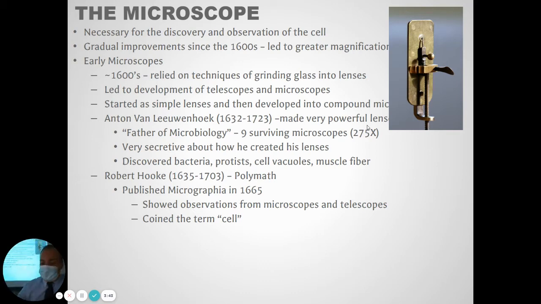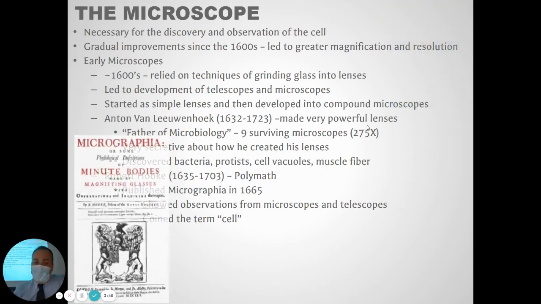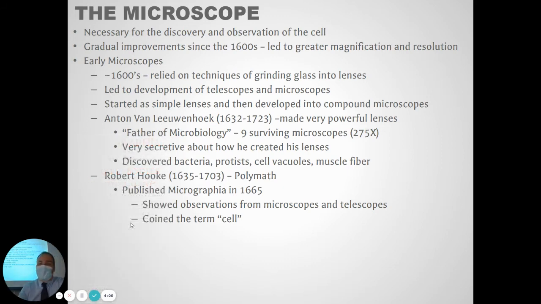Once these microscopes started to be developed, people started looking at all sorts of different things. Here is one of the famous ones, by Robert Hooke, another early scientist that looked at things through the microscope. He wrote this book and drew detailed drawings of things he saw through the microscope.